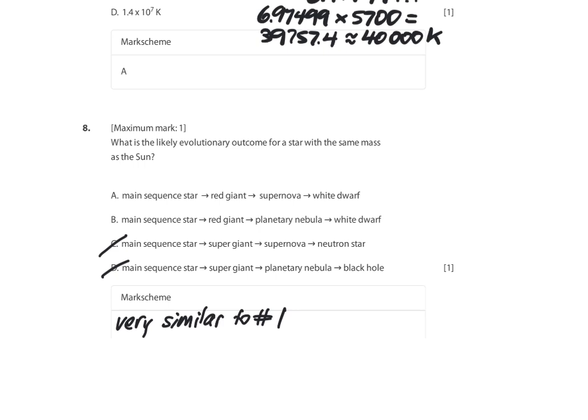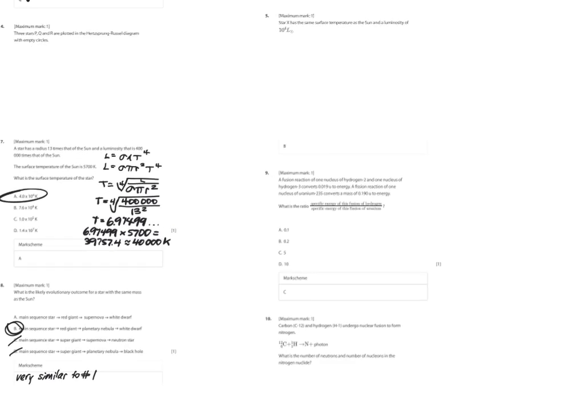But anyway, it goes main sequence, red giant, not supernova. It's not going to completely explode. It's not big enough. Those outer layers are going to drift away into a planetary nebula, leaving behind the core, which is a white dwarf. So 8 is B. And the mark scheme says, yes, indeed, it's B.